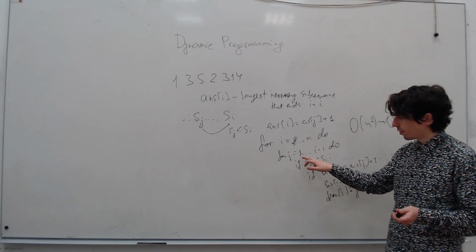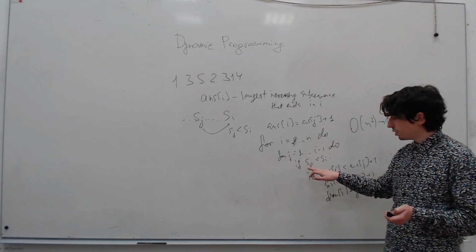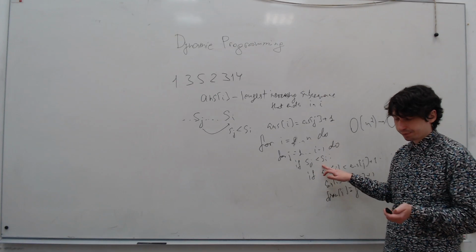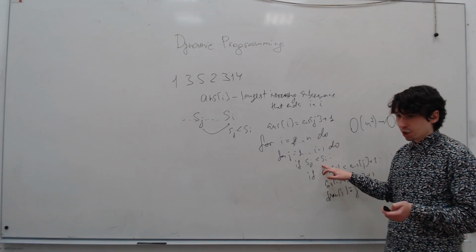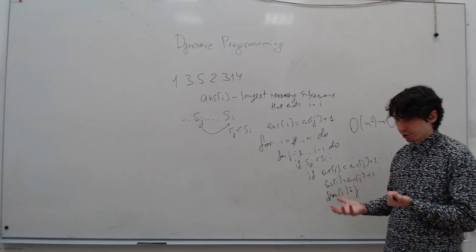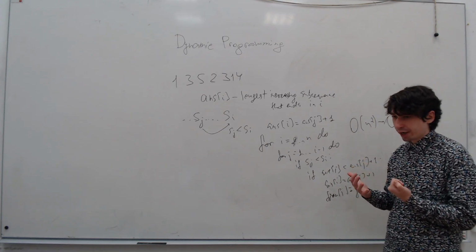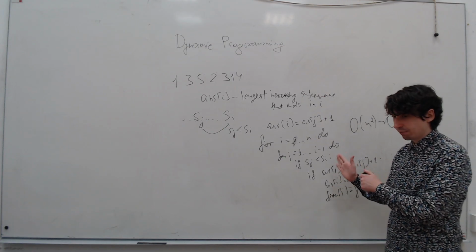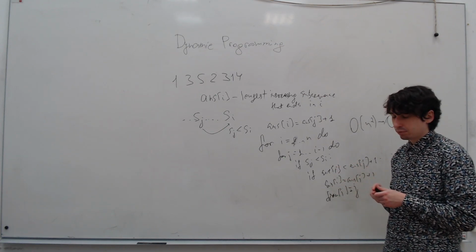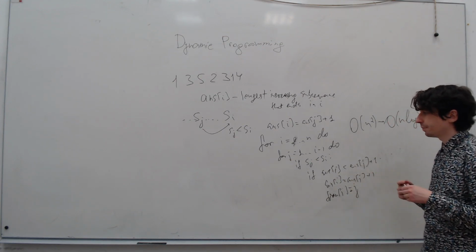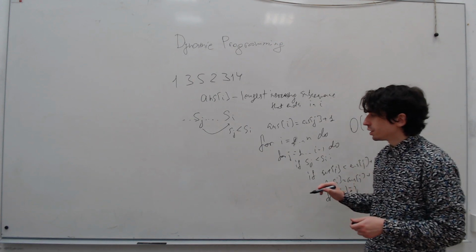You go over the prefix, and you look only at the elements that are less than Si. So which data structure helps us to get all the elements that are less than a fixed one? Trees. Yeah, trees. Okay, great.